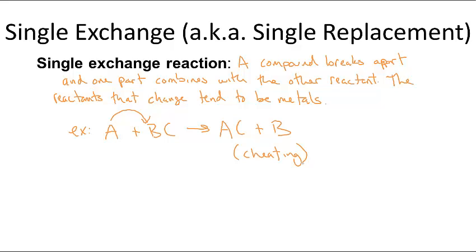So C cheated on B with A, and they came together, and B is now lonely and by itself. But in all honesty, probably better off by itself because C is kind of a cheating jerk. So that's a single replacement. Within the name, it just says single. One thing is replaced.